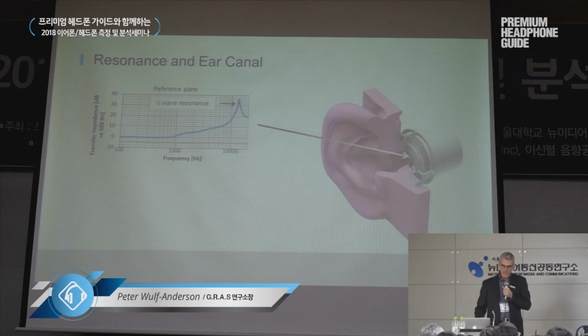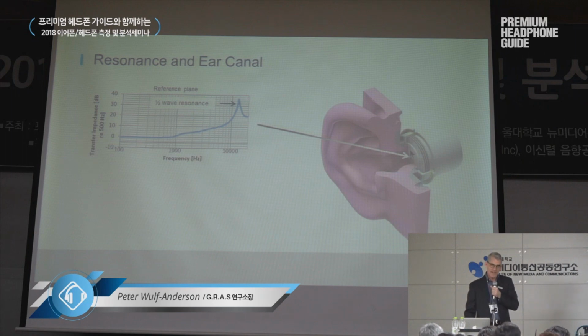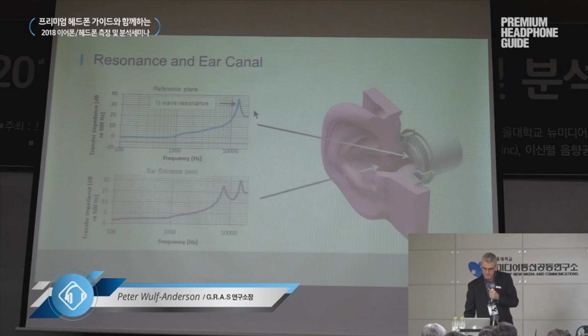But what often happens is that we add, you could say, extra ear canal. So the ear canal will end up being longer than just the main volume inside the coupler. And that will actually affect this resonance. That resonance will move down in frequency when you have a longer ear canal.